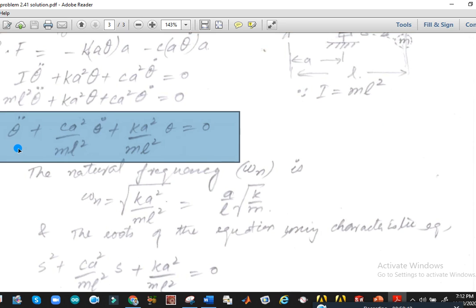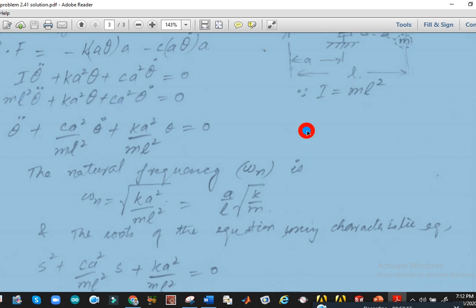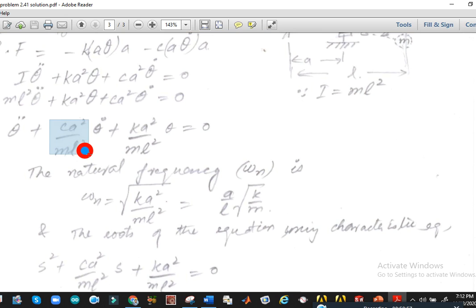This is the same expression as for the linear case, for example, x double dot plus c x dot plus k x is equal to 0 for the free vibration case. Now this is for the angular vibration case. Okay, and this whole expression is for the damping element, and this whole expression is for the stiffness element. Do not get confused by it, it is very simple.